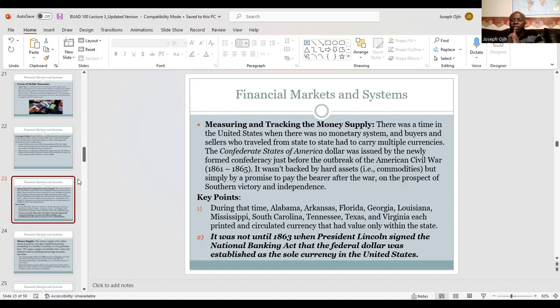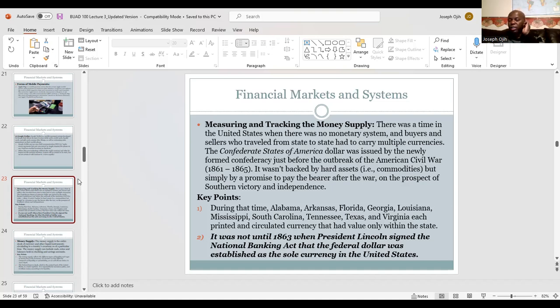The kind of currency used in Britain and other European powers was backed by hard commodities like gold. So with the British pound or the French franc in those days, if a country had 6 million francs or 6 million pounds in circulation, that meant they must have 6 million ounces worth of gold to back it up.